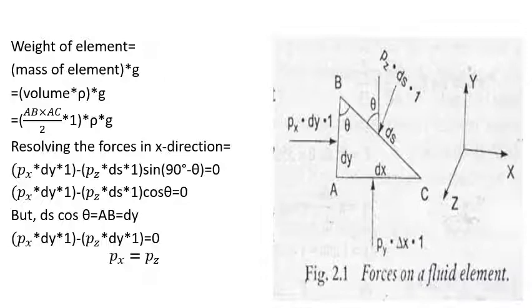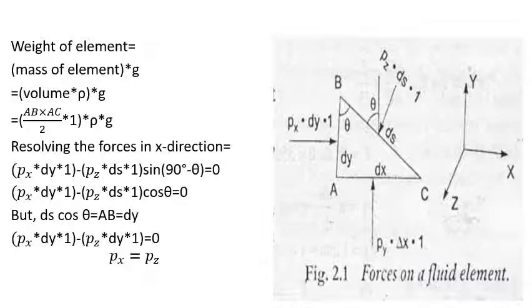So now P of x dy into 1 minus P of z ds into 1, times sine of 90 degree minus theta, which is equal to cos theta, is equal to 0.